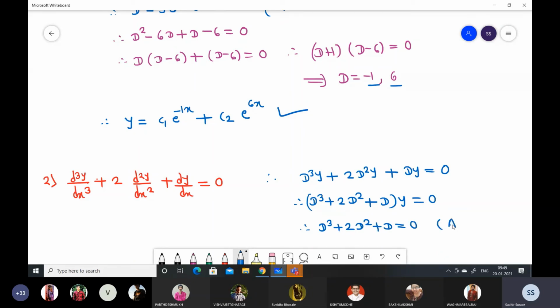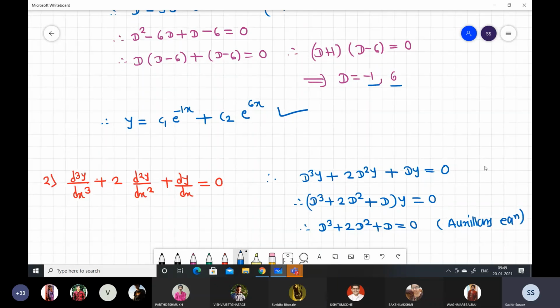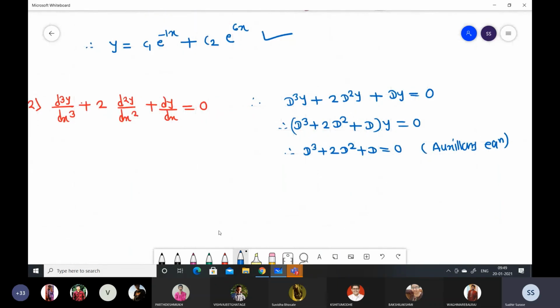Once you get the auxiliary equation, our aim is to find the complementary function, which means the solution of that given differential equation. This is the complementary function, right?